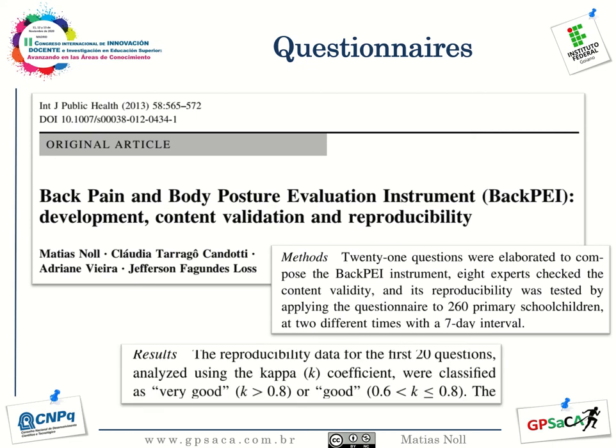And we found, from the 20 questions, very good and good kappa coefficients.